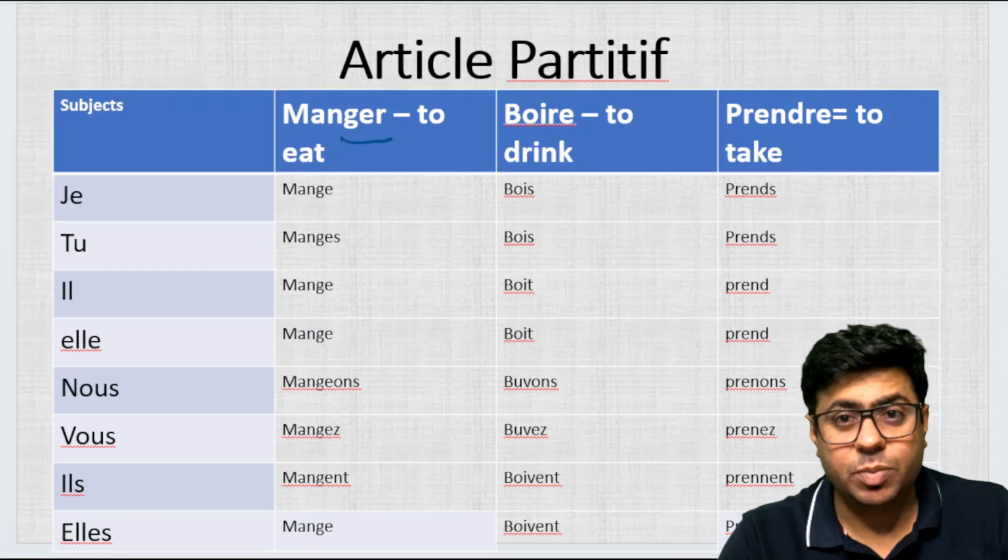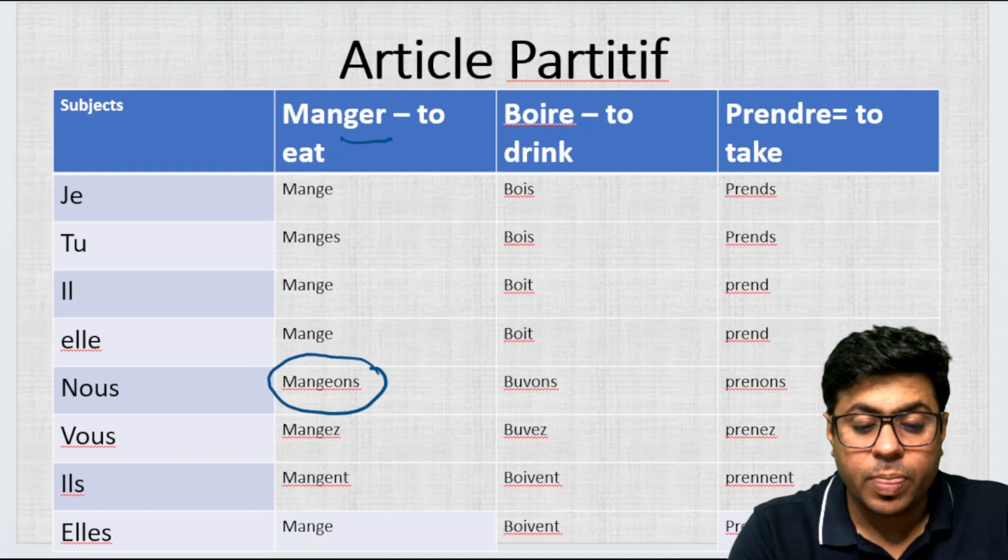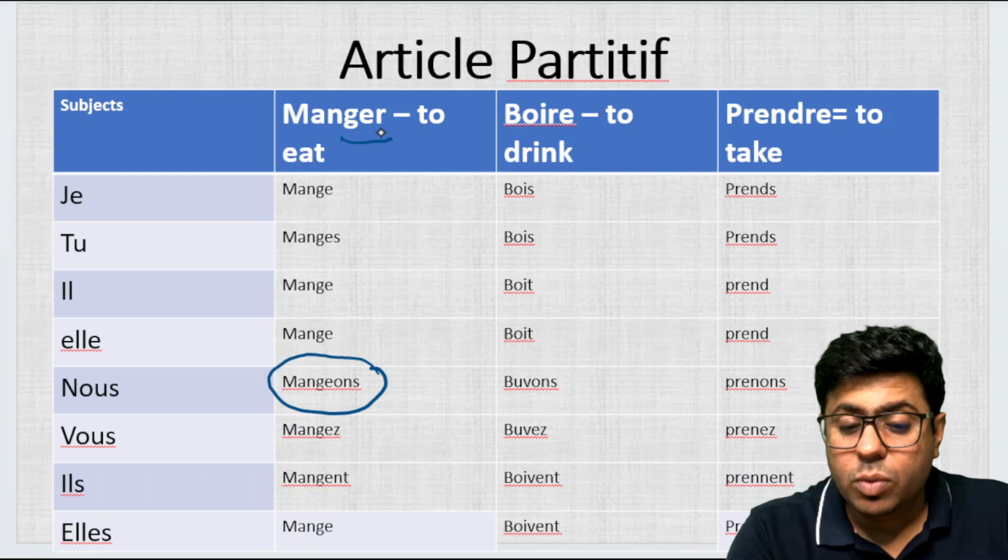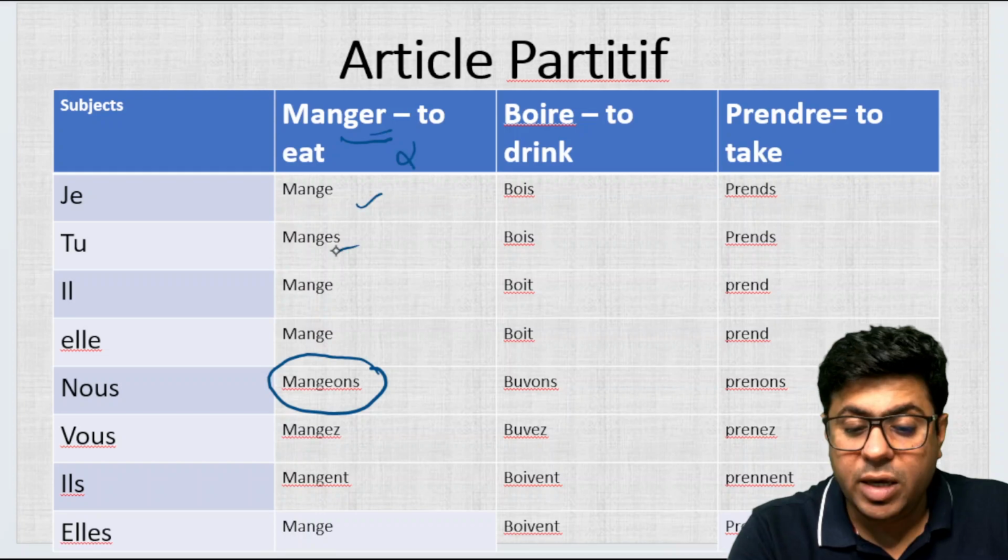As you know very well the rule of ER verbs, and that is a GER verb. I already explained in one of my videos the regular verbs and ER verbs, the exceptions of ER and normal ER verbs. This is a GER verb, and the exception happens only in this case. The next part is the same. We remove ER and then we add E, ES, E, ONS, EZ, ENT and ENT.